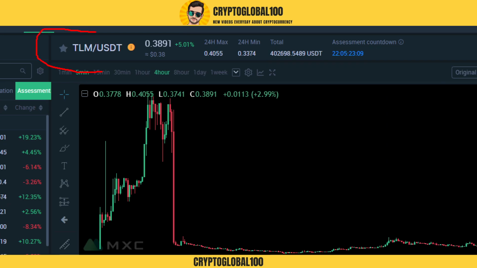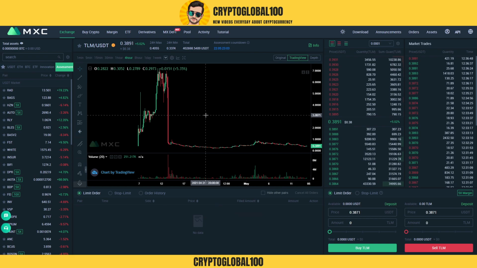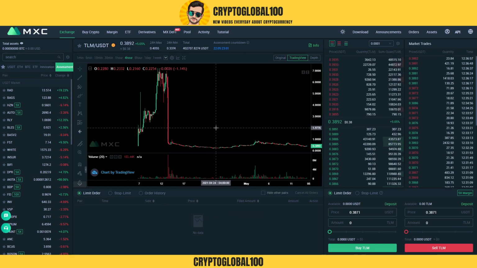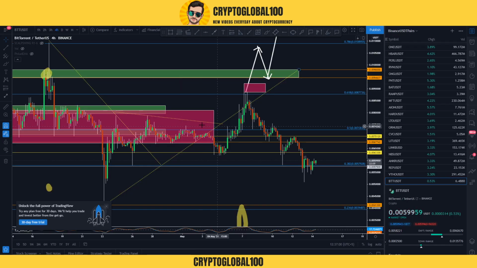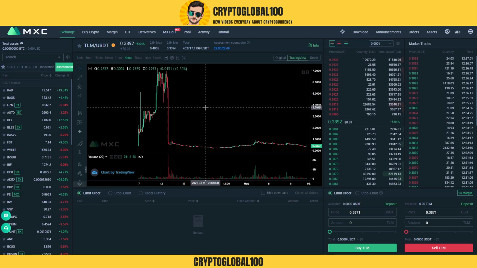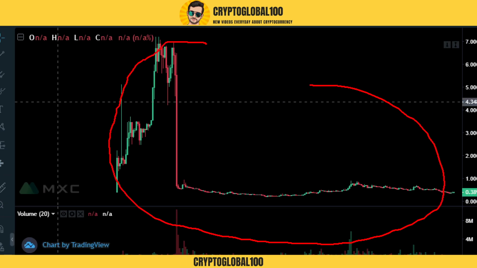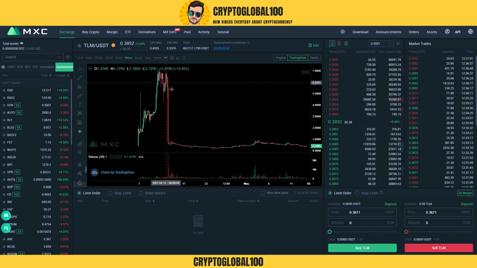of the TLM USDT pair. The reason why this chart always resets is that it's not on TradingView. Whenever I save a chart on TradingView, it always gets saved, okay? But whenever you open the chart on the exchange, the settings are not saved. So I have to restart the work from the beginning.